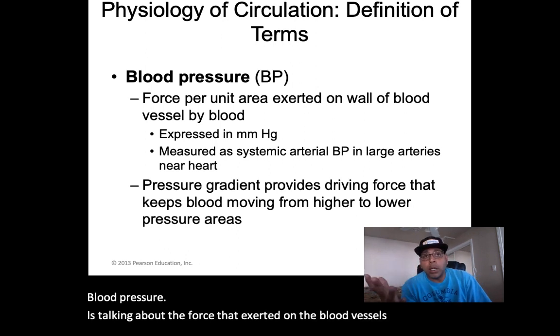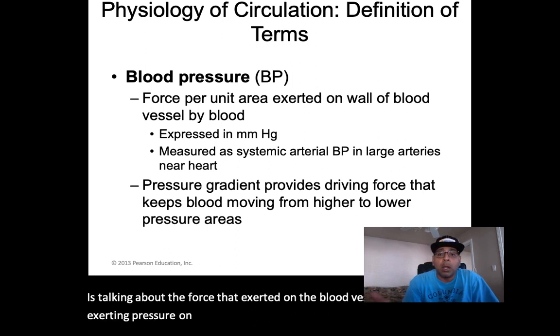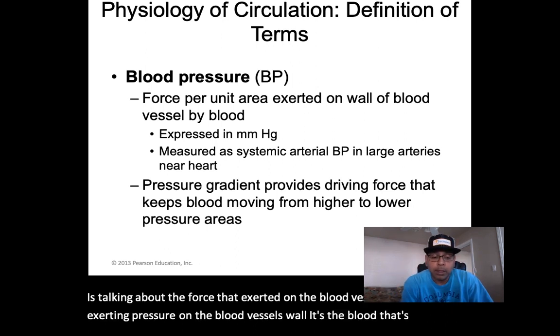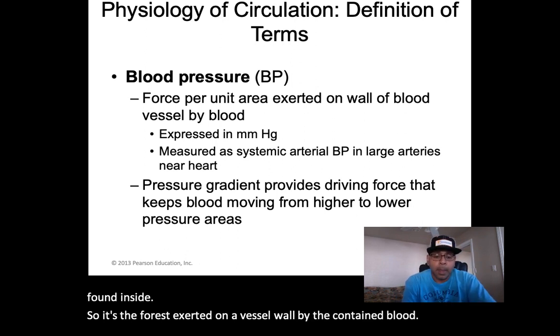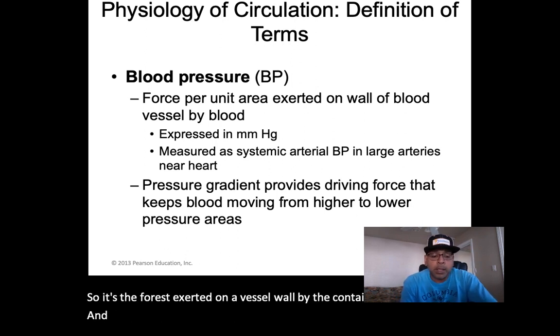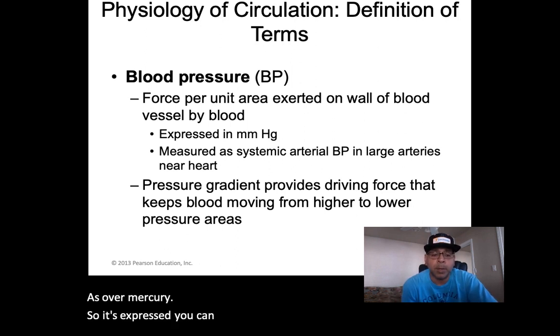Well, what's exerting pressure on the blood vessel's wall? It's the blood that's found inside. So it's the force exerted on a vessel wall by the contained blood. And blood pressure is expressed as millimeters of mercury.